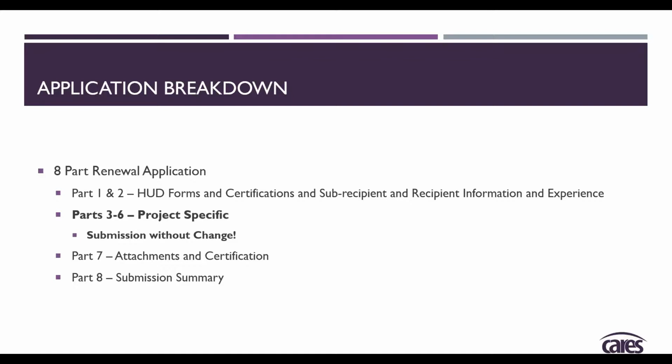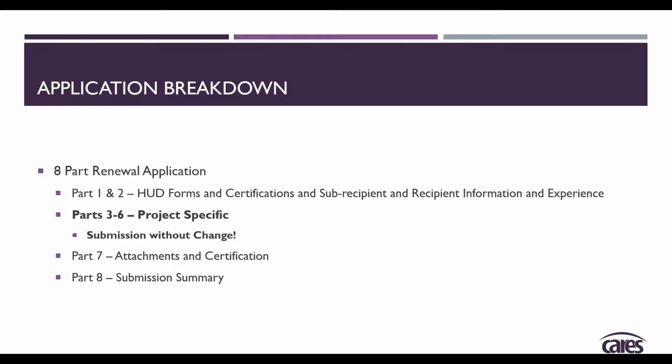Parts 3 to 6 are the project specific, and these are always different depending on what your project type is. So again, the project type that we're going to be focusing on. So I'm hearing some static. If folks could put us on mute, that would be great. Thank you.